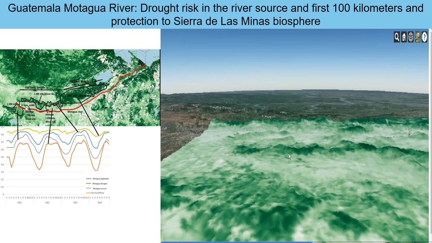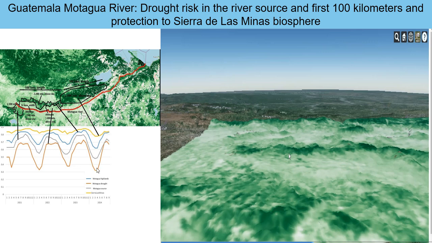Here we have this region of 14 kilometers width. This is the region that we can see here, and it has the lowest FAPAR, or photosynthetic levels, of these four measures. It is the orange line, and we can see that it oscillates between 0.35 and 0.7, which is very low to keep the river flowing.